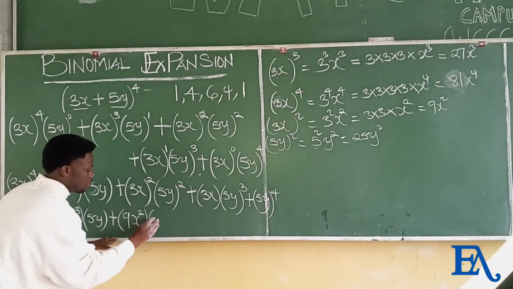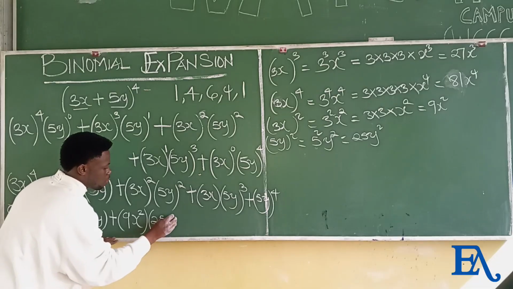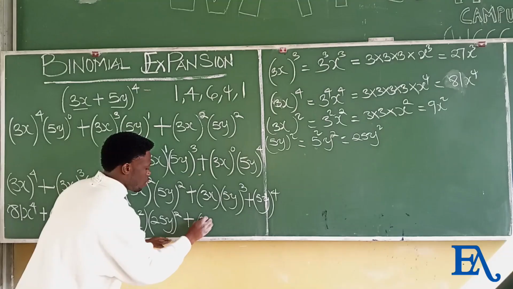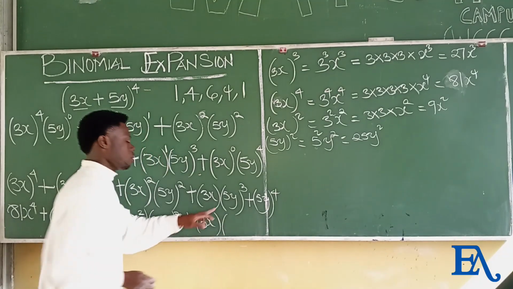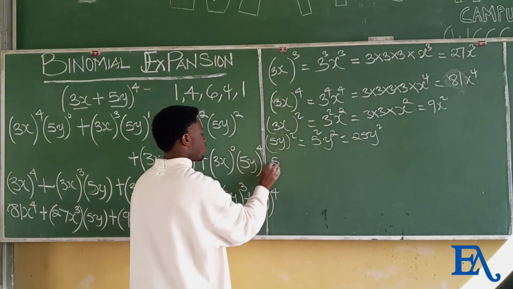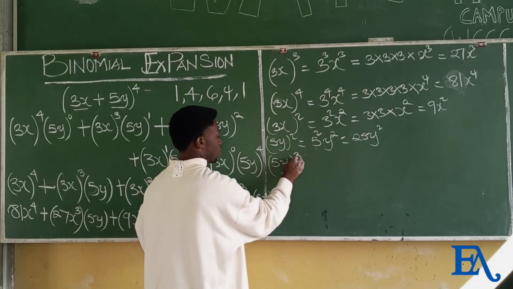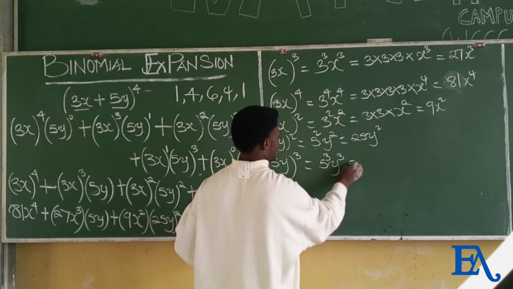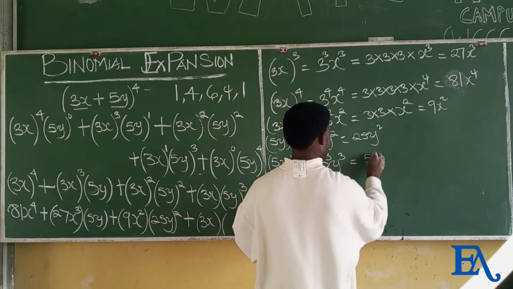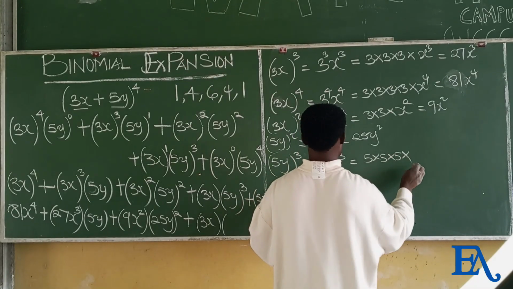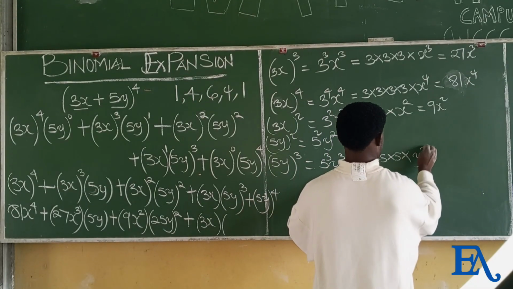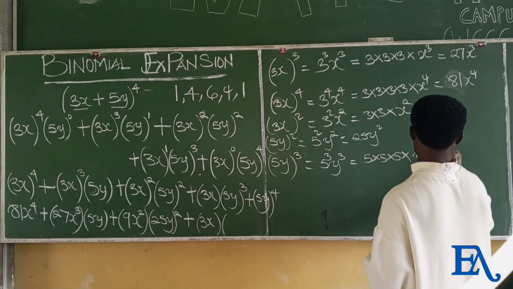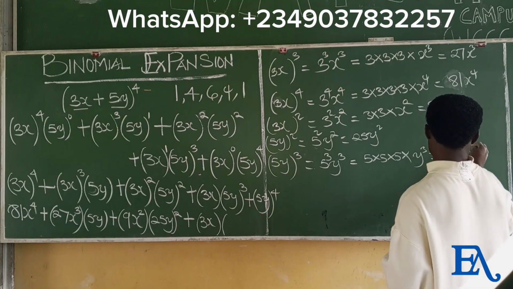So in y we have 25y raised to the power of 2 plus 3x, the power there is 1, times this is 5y raised to the power of 3, which means 5 raised to the power of 3 and y raised to the power of 3, which equals 5 times 5 times 5 times y raised to the power of 3, which is 5 times 5 is 25, and 25 times 5 is 125y raised to the power of 3.